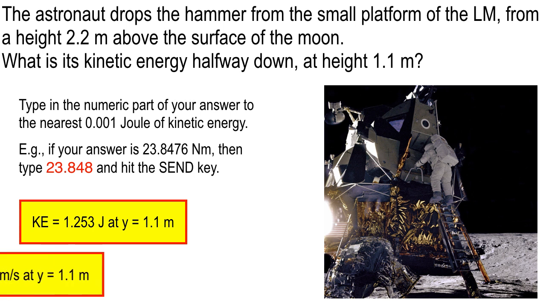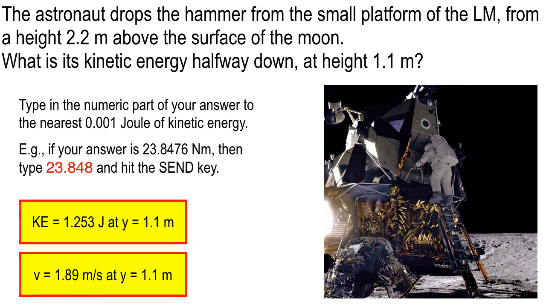Now, I'm going to give you one more answer here. The downward speed at 1.1. Go ahead and write that down. 1.89 meters per second. And if you look at the talking PDF that I put together for you yesterday, it's up in web courses on the talking PDF page, you'll see how to get v squared and then v.